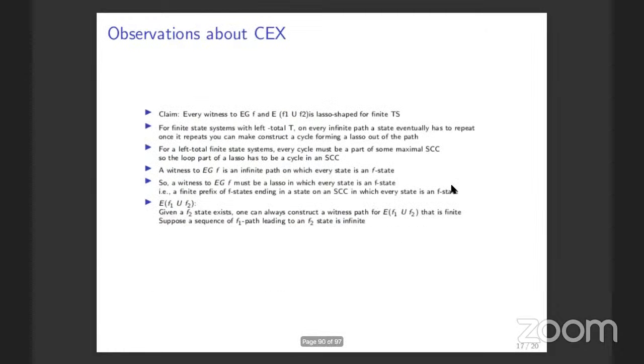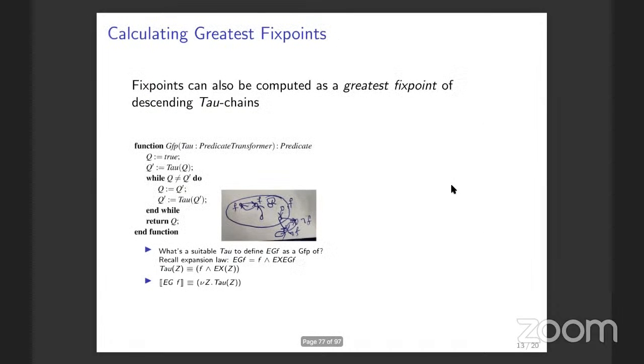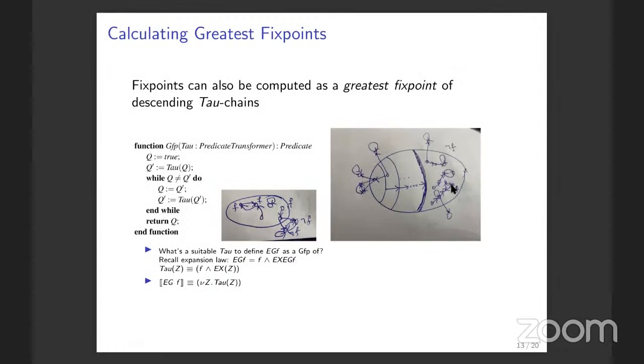Before I do that, I want to revisit this thing of greatest fixed points to compute EG of F. See, the tau for this is F and EX of Z. So I think I made this observation when you remove all these things.